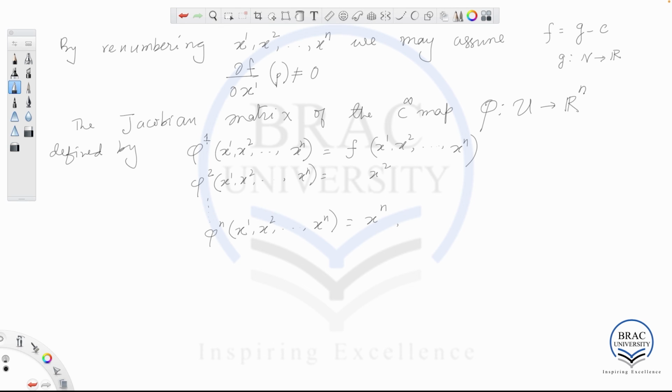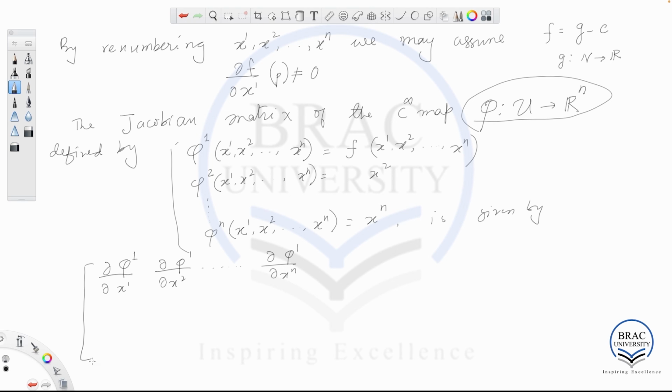So the Jacobian matrix of this map phi, whose components are given by these expressions, is given by del phi 1 by del x1, del phi 1 by del x2 all the way up to del phi 1 by del xn. That's the first row.